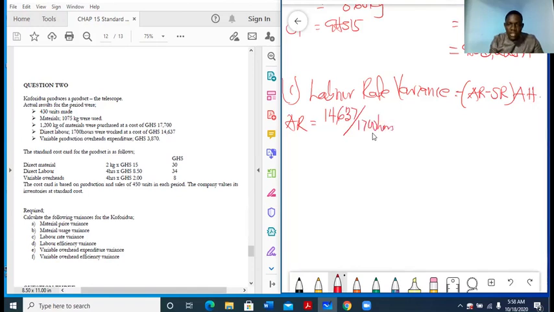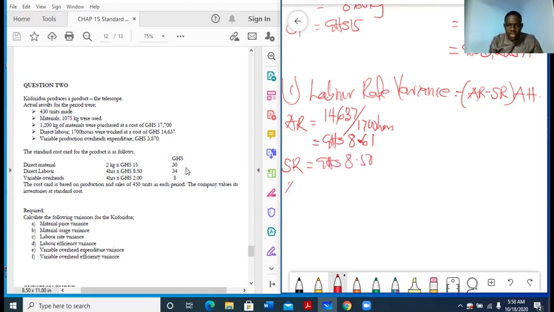14,637 divided by 1,700 gives us 8.61. Then the standard rate. For the labor, we use 4 hours at a price, so the standard rate was 8 cedis 50 pesewas.